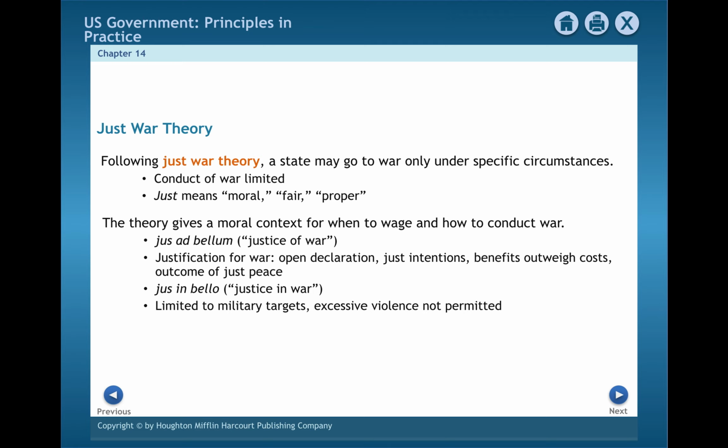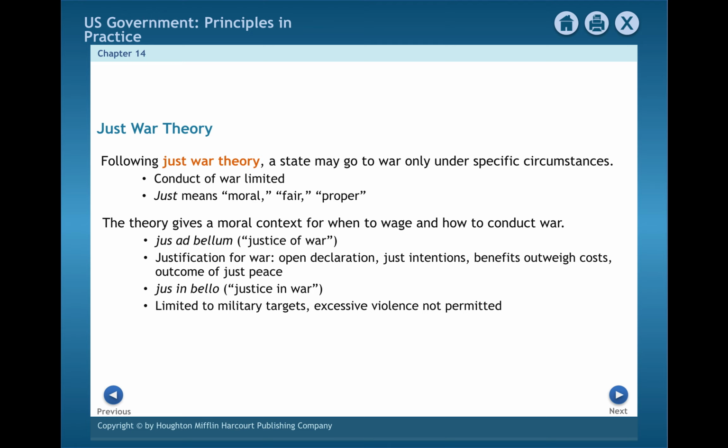Number 2, the answer is C. Approach to foreign policy that promotes staying out of world affairs and focusing on domestic issues in order to protect a country from war is C, isolationism. Number 3 is A. Foreign policy tool that may involve withholding money or restricting imports and exports to force social or political change is A, economic sanctions.